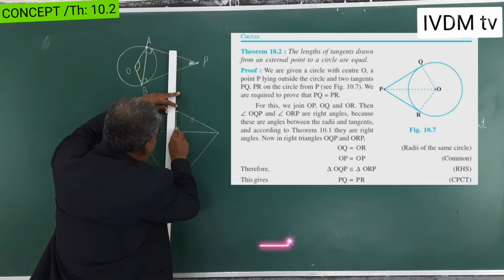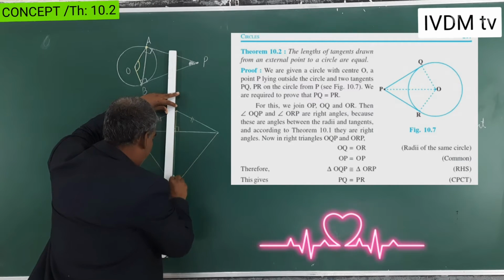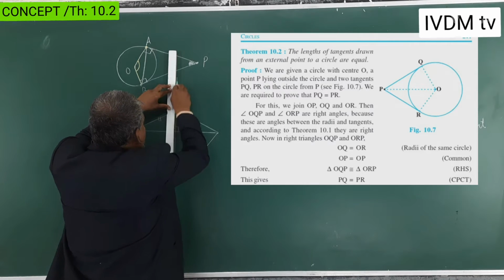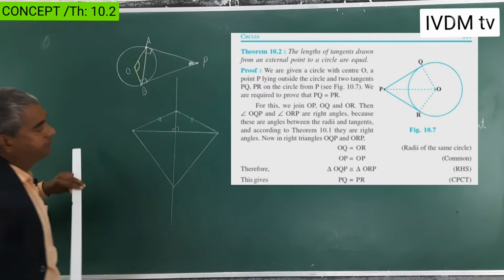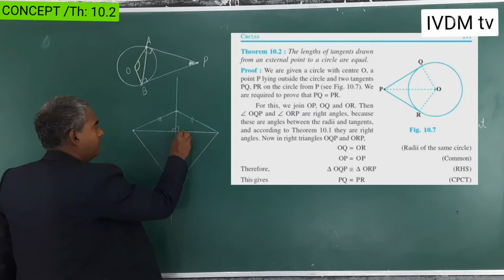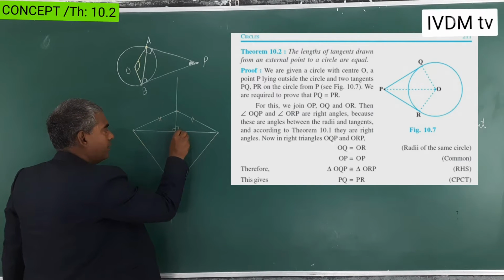And this is 90 degrees. So this will be a line, the same line. And this will be 90 degrees.